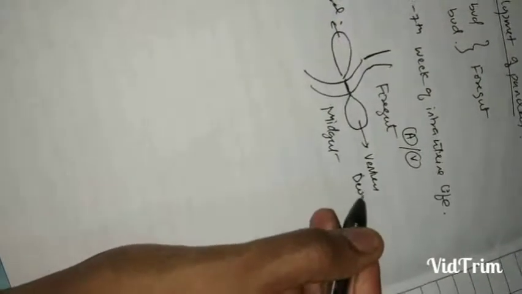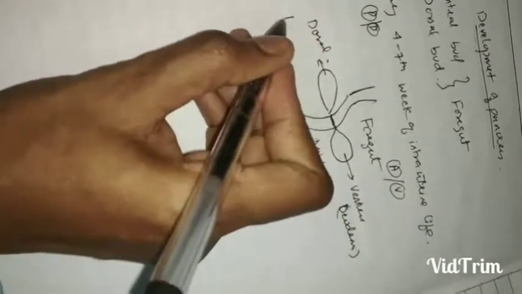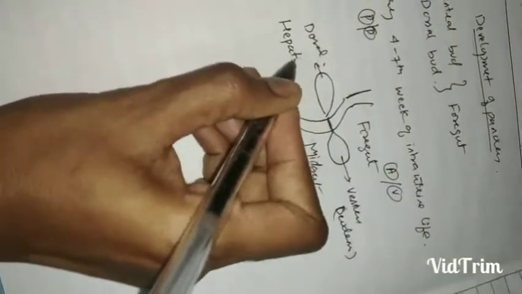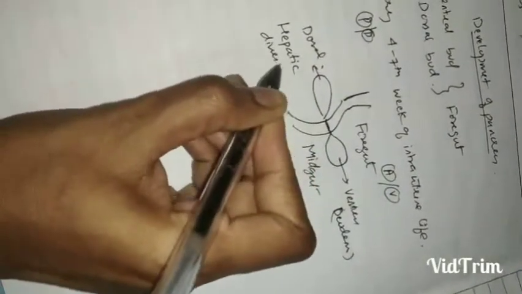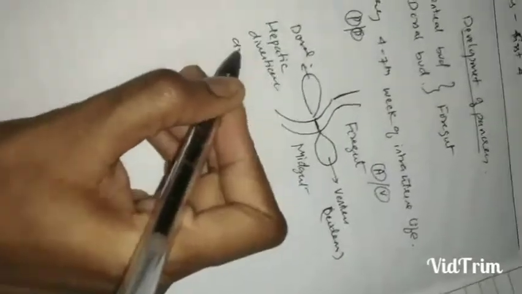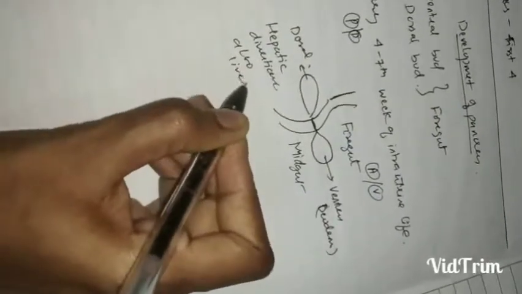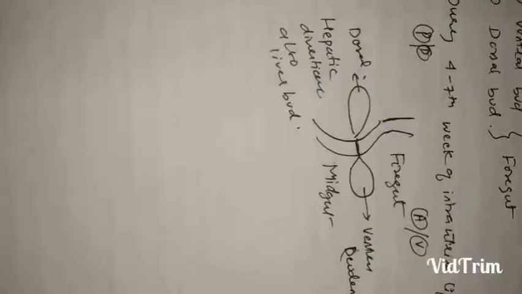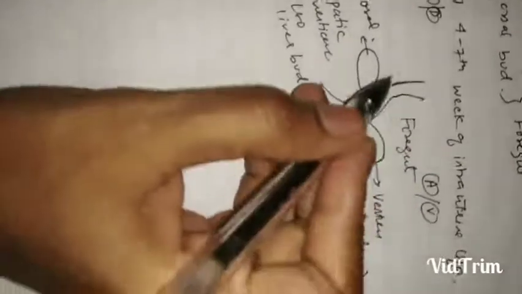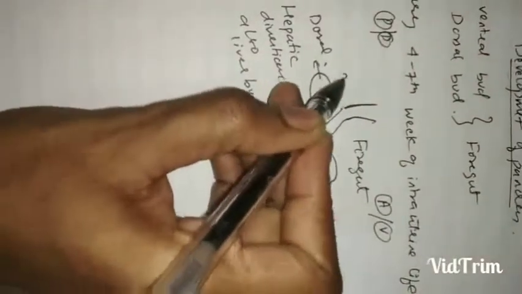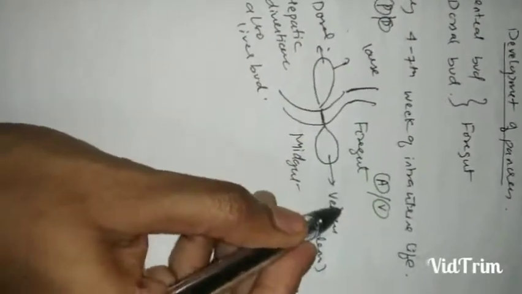Ventral bud develops from the duodenum, and dorsal bud develops from the hepatic diverticulum, also known as liver bud. And dorsal bud is large when compared to the ventral bud.